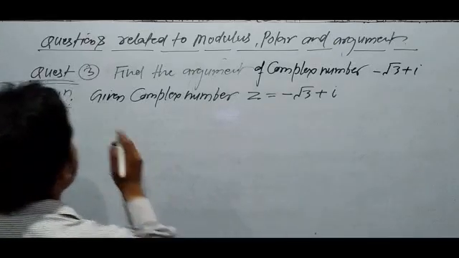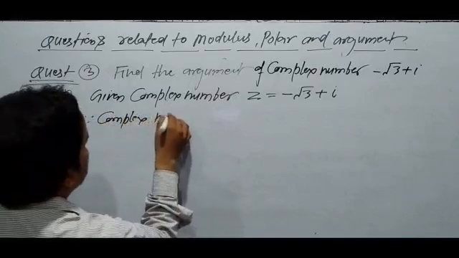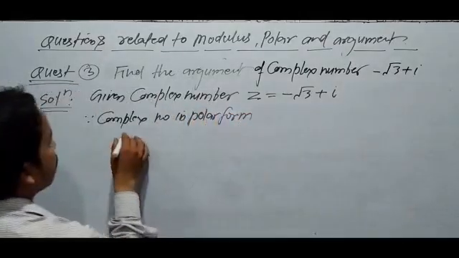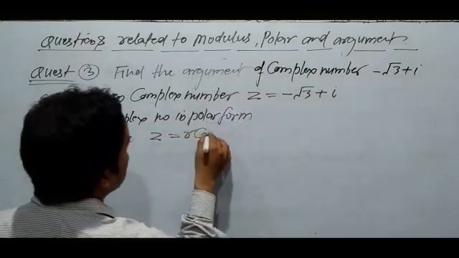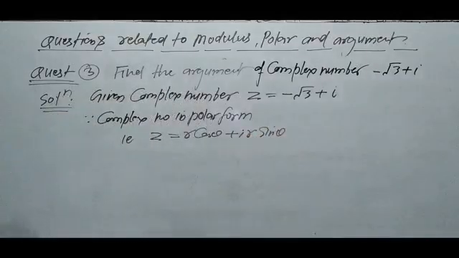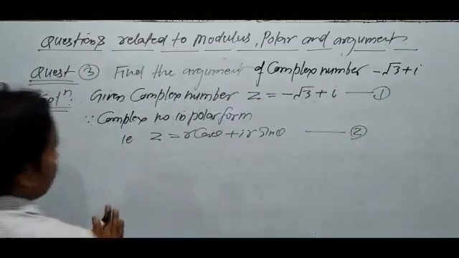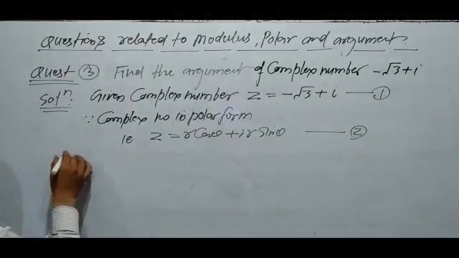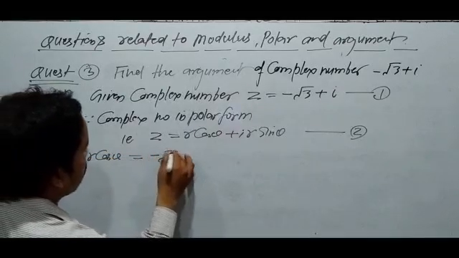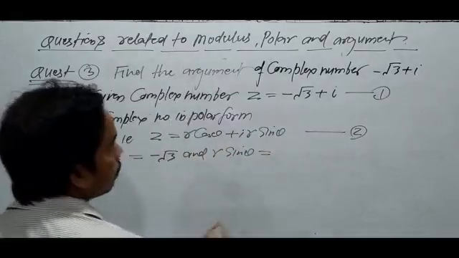Since the complex number in polar form is z is equal to r cos theta plus i r sin theta, comparing equation 1 and equation 2, you will get r cos theta is equal to minus root 3 and r sin theta is equal to 1.